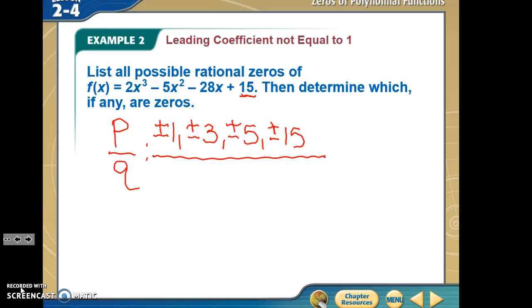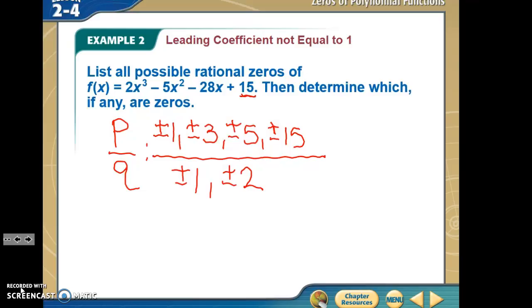We have 2. What are all of its factors? Plus or minus 1, plus or minus 2. So now we have 2 in the denominator, so we're going to have some fractions. And that's okay, because rational numbers can be fractions.